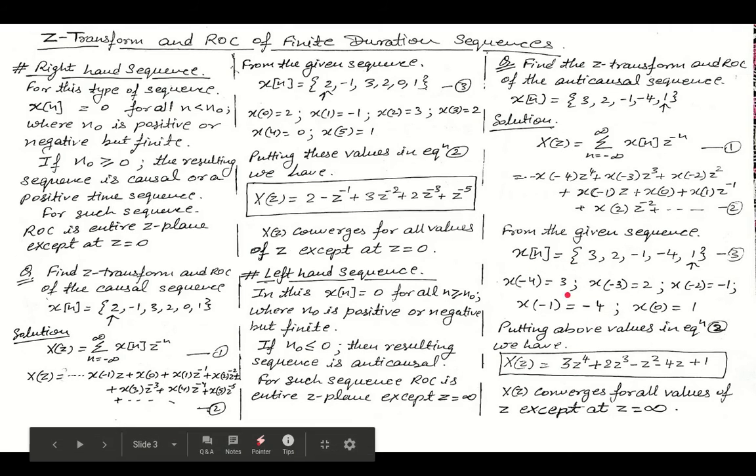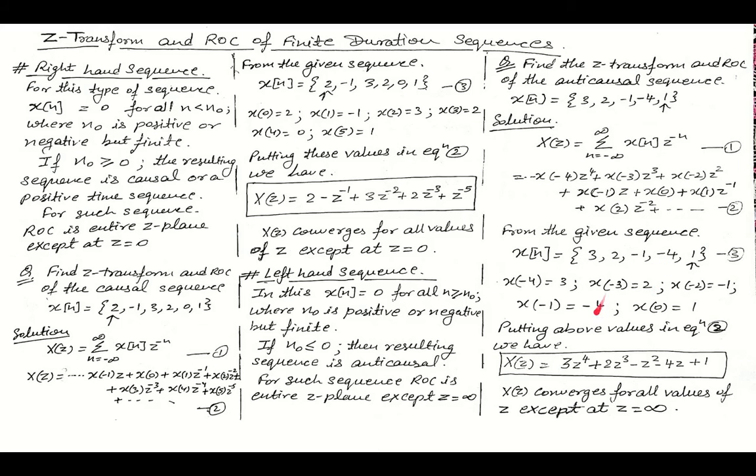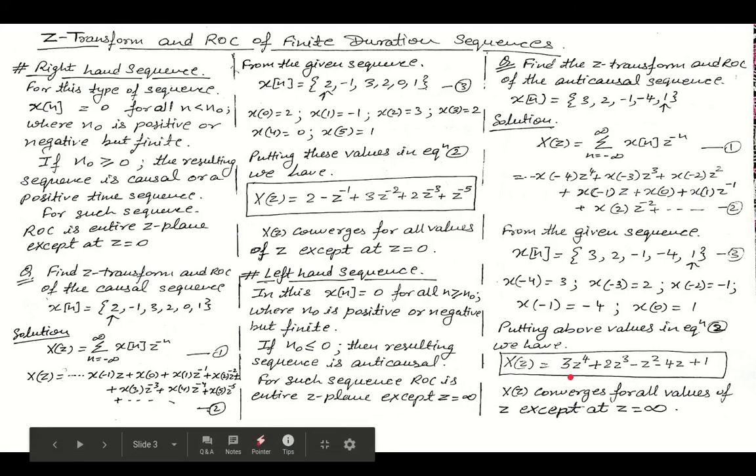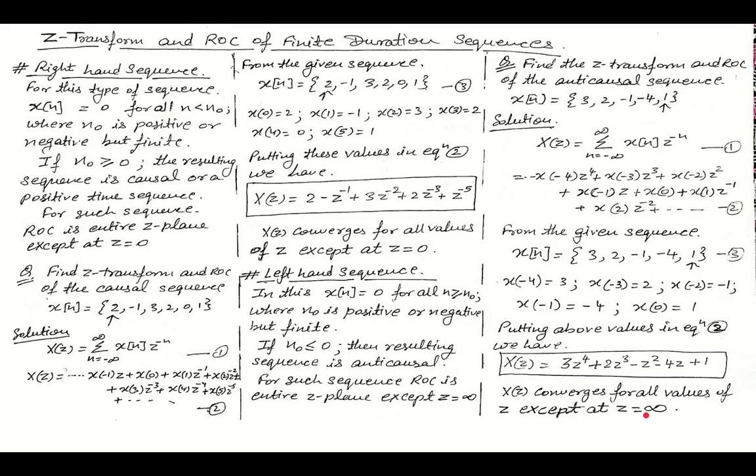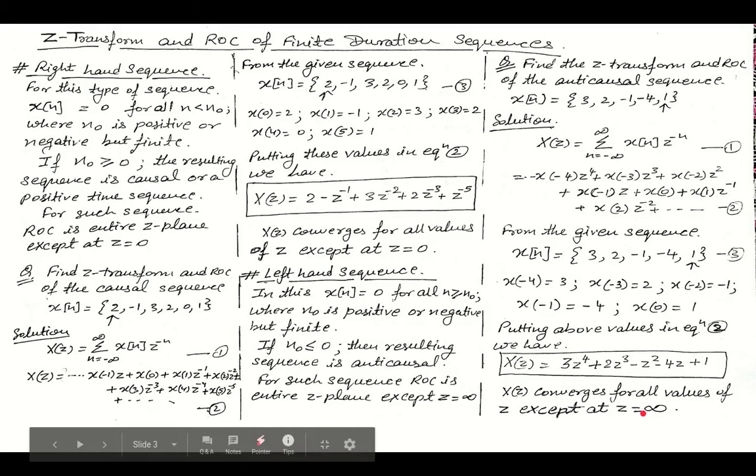So if I put these values in this expanded form, it will result in X(z) is equal to 3z to the power 4 plus 2z cube minus z square minus 4z plus 1, where X(z) converges for all values of z except at z is equal to infinity. Now here it is not converging for z is equal to infinity, because if I put z is equal to infinity over here, my X(z) will result in infinity.